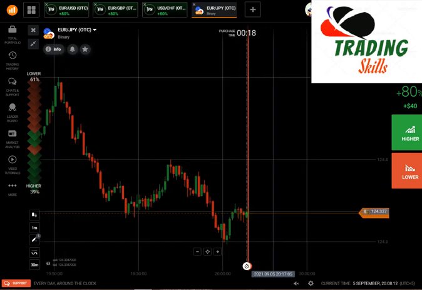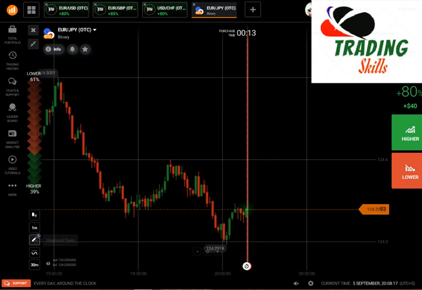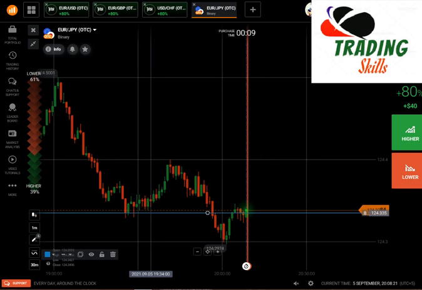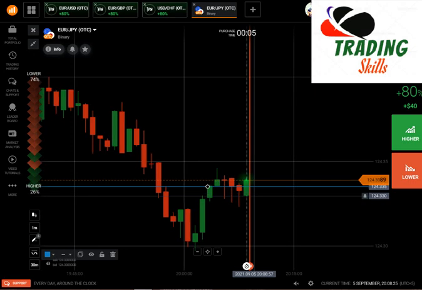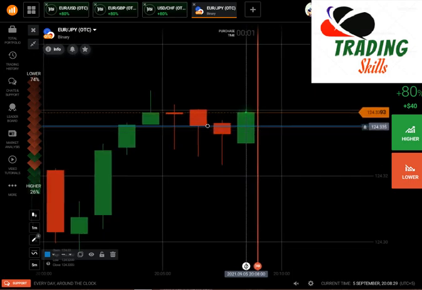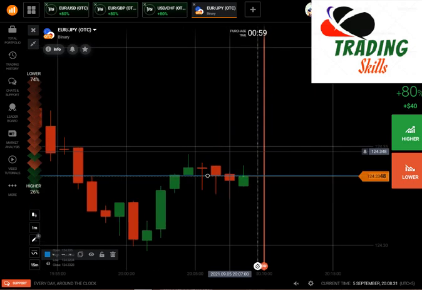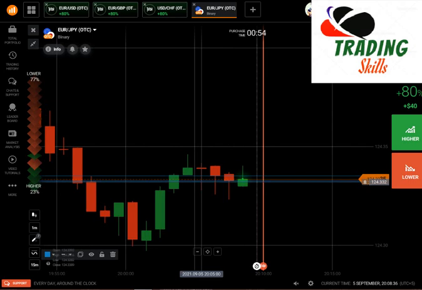Okay, so the candle closed here at the buyer's area. Let me show you here. This is the buyer's area. Okay, if the candle comes down, I can go here with the bullish side. So I am already late, and you can see again what I told you, a gap down opening.